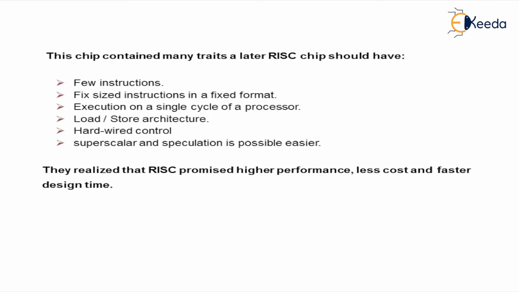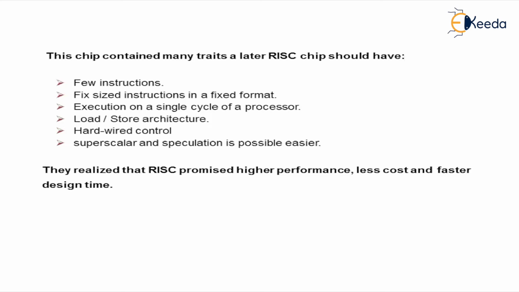With this complexity, RISC was designed so that a RISC chip should have the following set of characteristics. It should have few instructions. Fixed size instructions in a fixed format. Execution in a single cycle of the processor, and it should be faster.